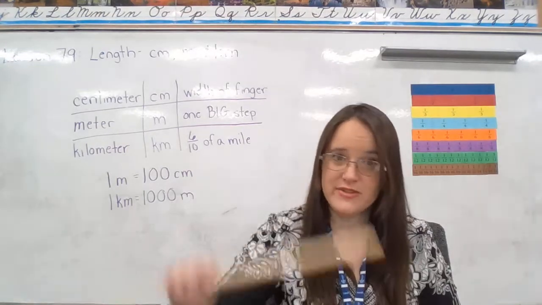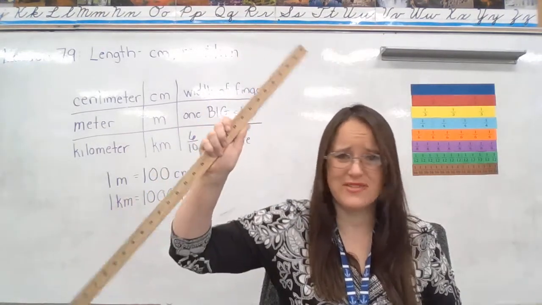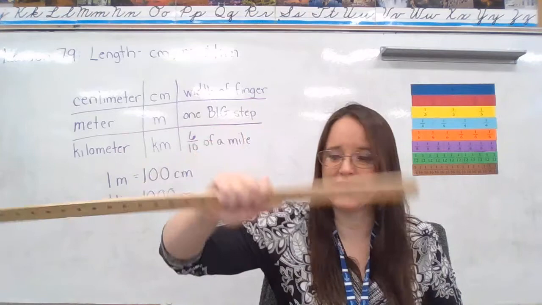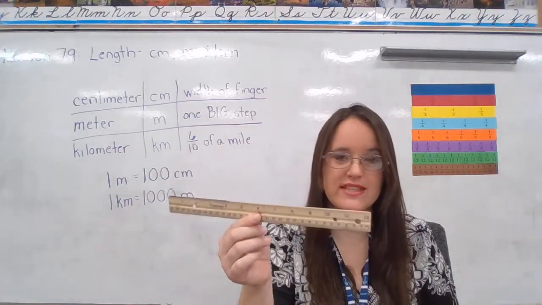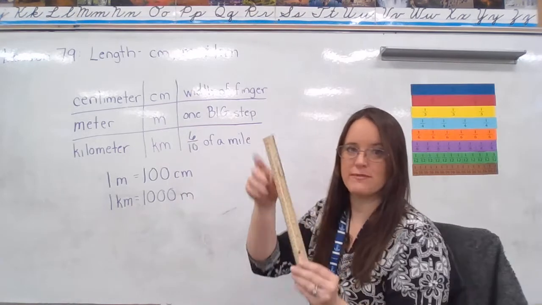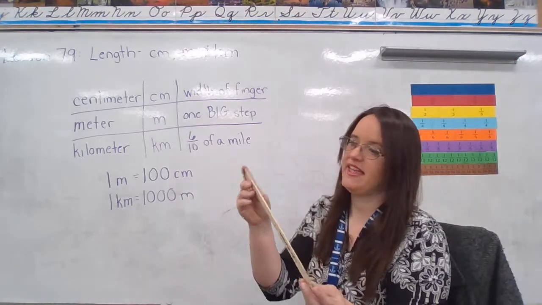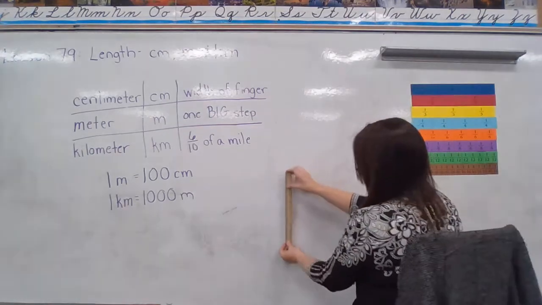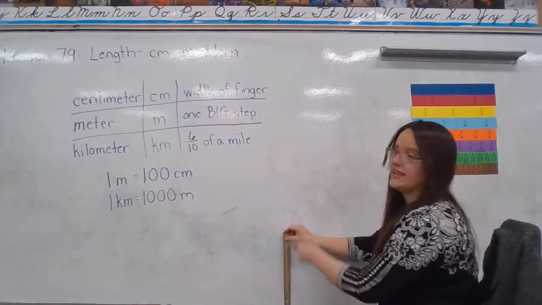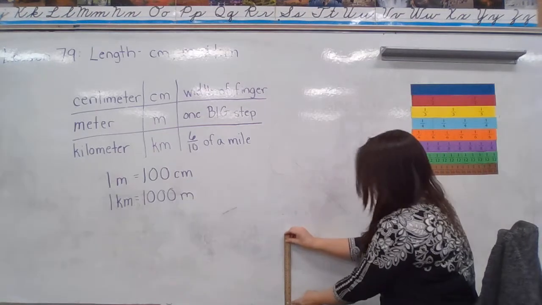If you have a meter stick at home, you can use this. I know I don't keep one of these at my house. I only have one in the classroom. But I do have these at home, and you can use this too. So if you have to measure something that's longer than the 30 centimeters of your ruler, let's say I were measuring the height of my board here.